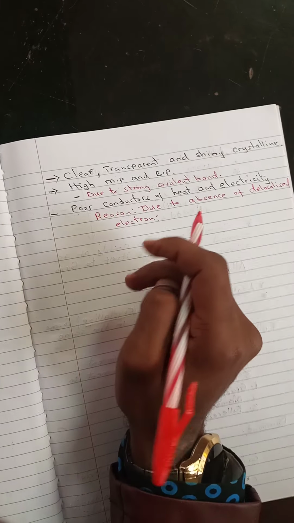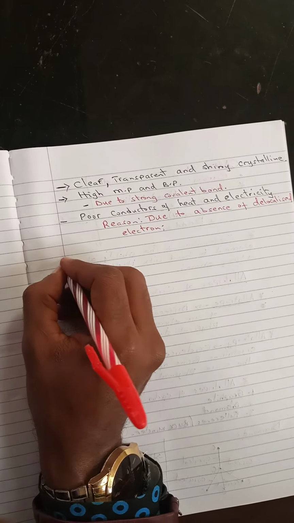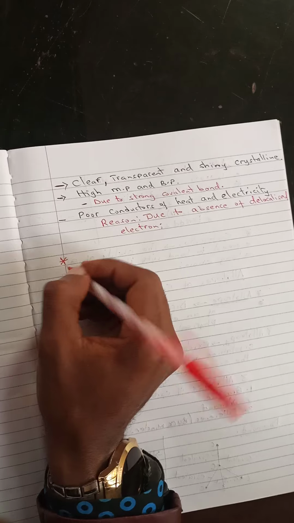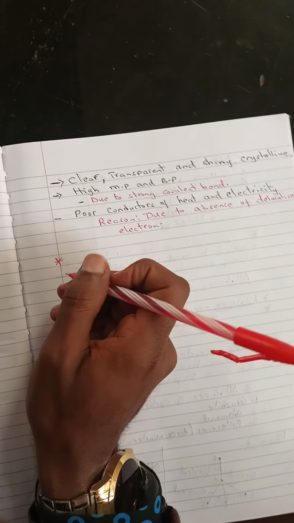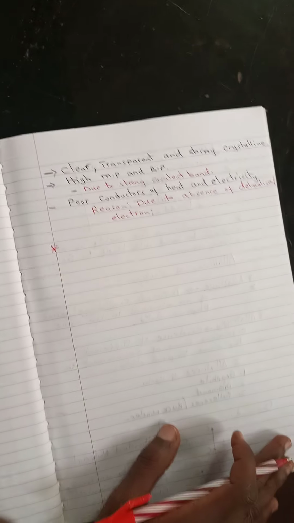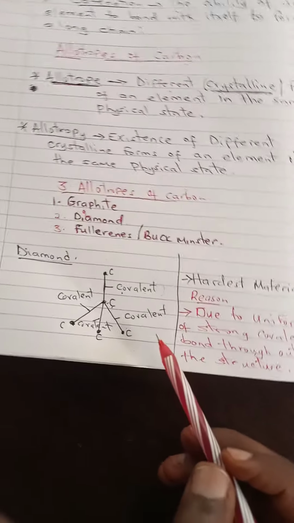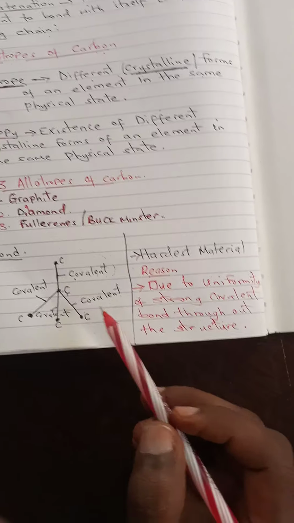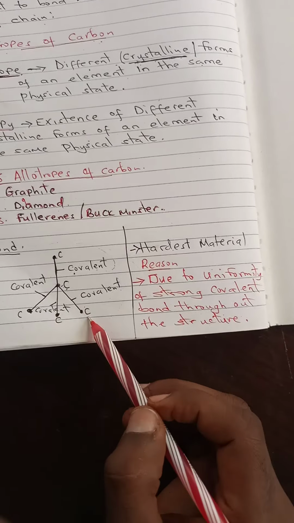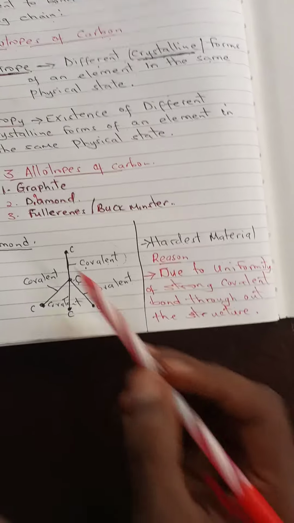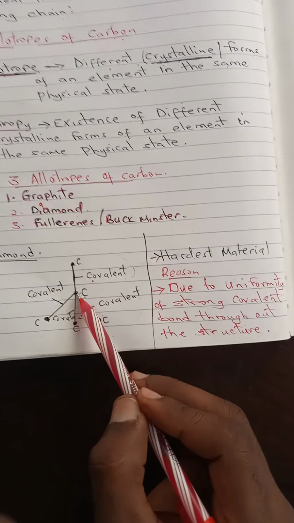Why is this one missing? As I was introducing, from our notes, between this carbon and this carbon, we have a strong covalent bond.